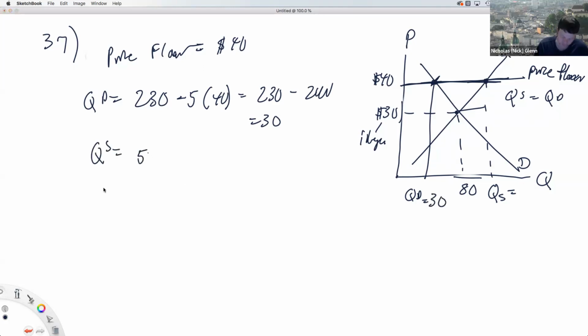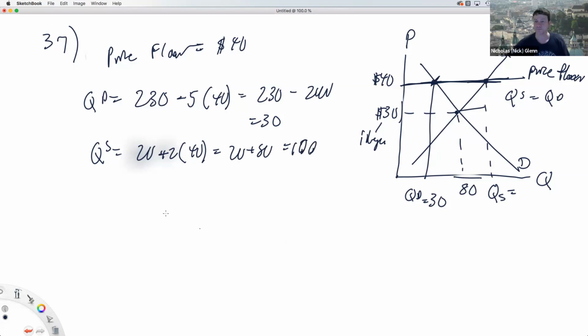That's 20 plus 2p. We know our price is 40, so it's going to be 20 plus 80. That equals 100.